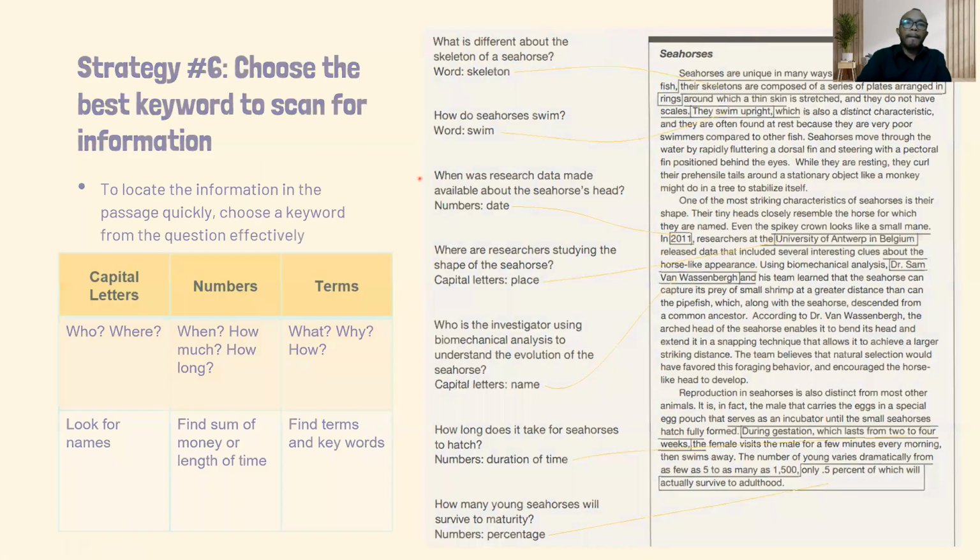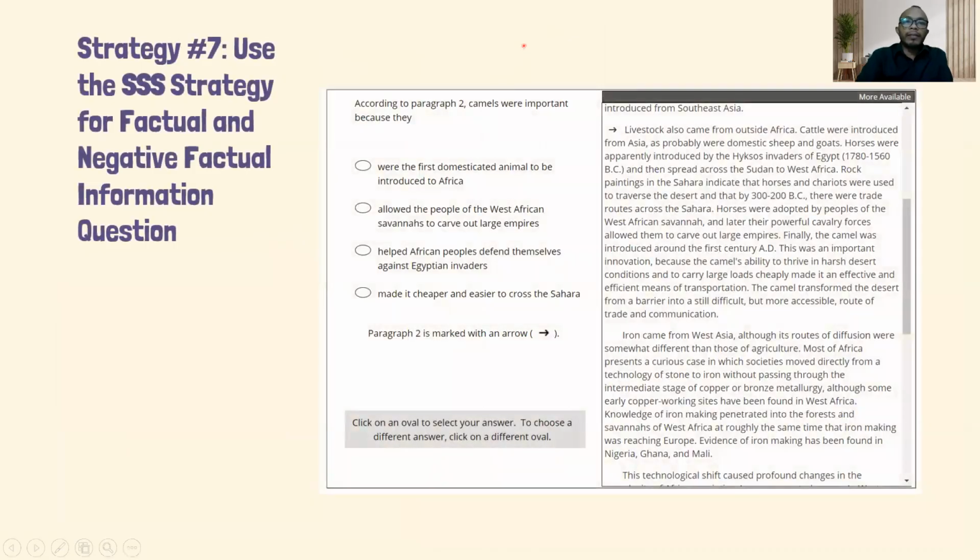All right, moving on. Strategy number 7 is the triple S strategy. So the triple S strategy will be a strategy that you will use a lot in the reading section. And this is especially useful for the factual and negative factual information questions.